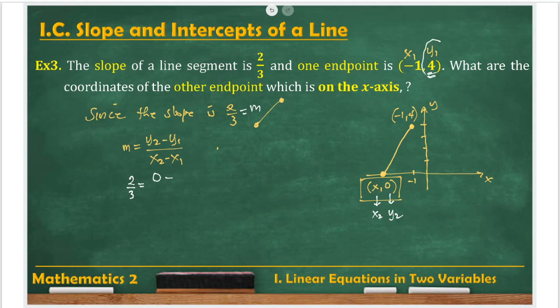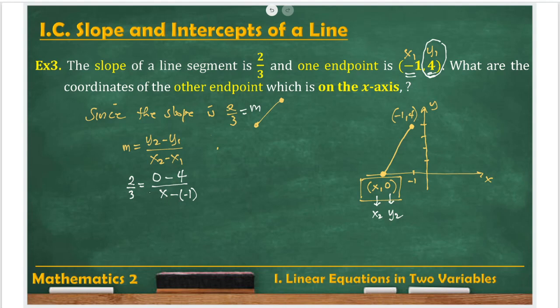So 0 minus 4 all over our x sub 2, the unknown x, minus x sub 1, which is -1. If you notice, you only have one variable left in this equation. Therefore, we can solve for that unknown.